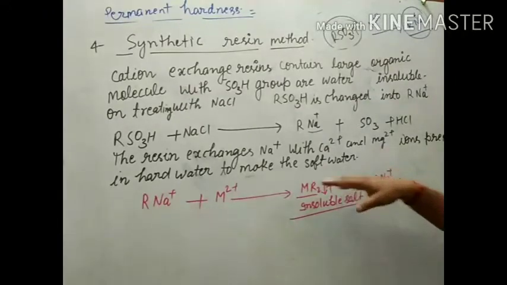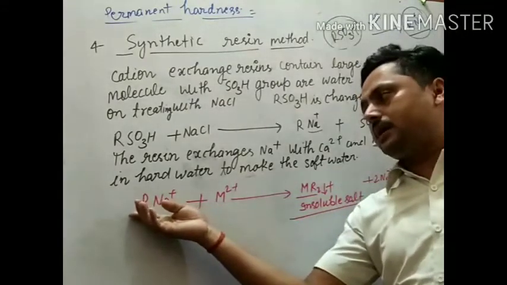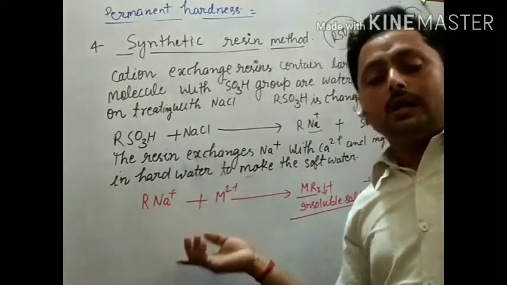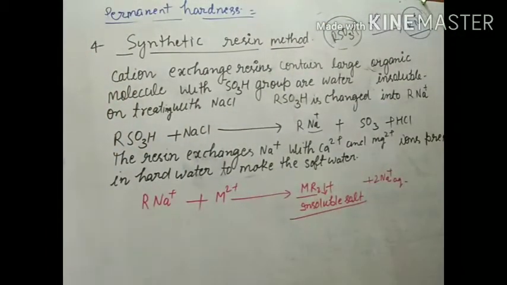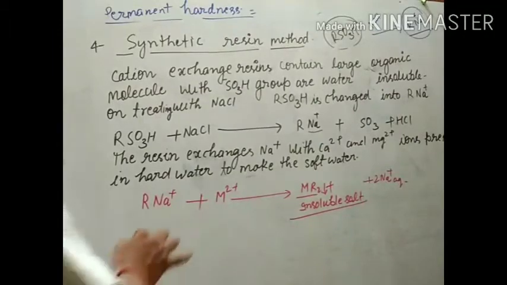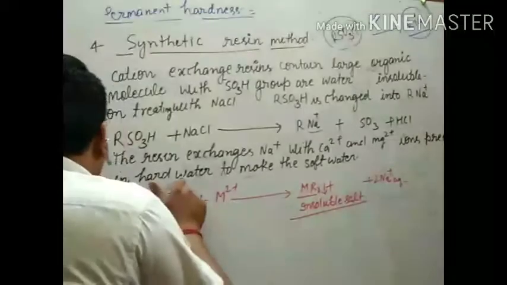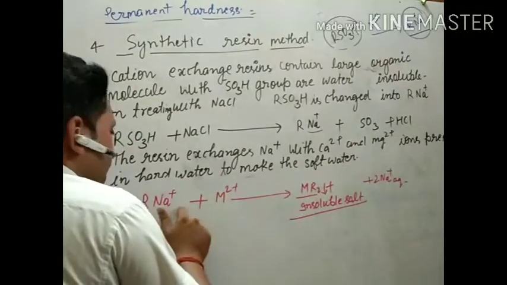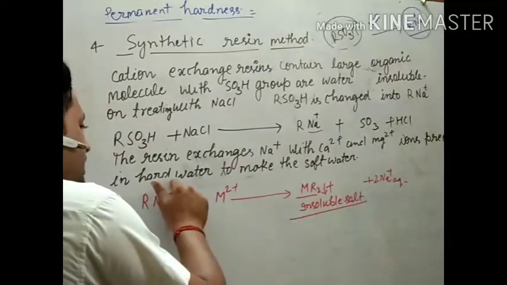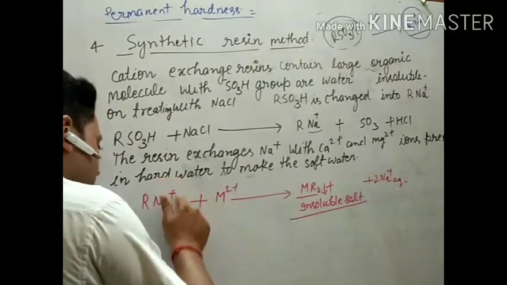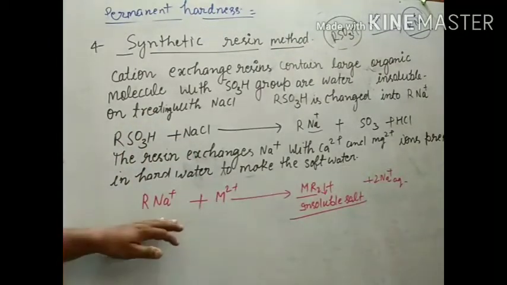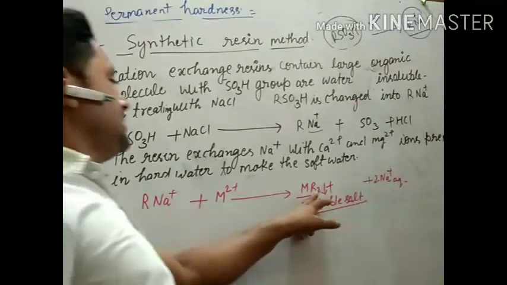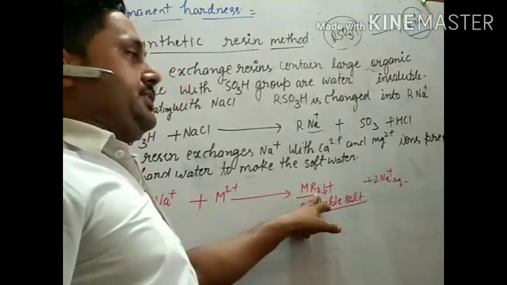This can also be regained when it is made to react with brine solution, NaCl solution. If all the Na is used, the resin is said to be exhausted. So it can be regained by reacting it with brine solution.